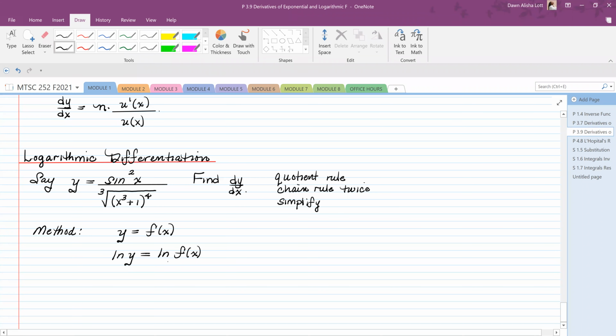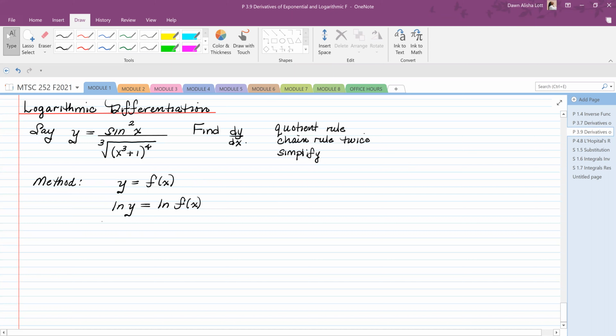Then we're going to differentiate both sides. When I differentiate the left-hand side, I'm going to get 1 over y dy dx. And when I differentiate the right-hand side, I get d dx of the natural log of f of x.